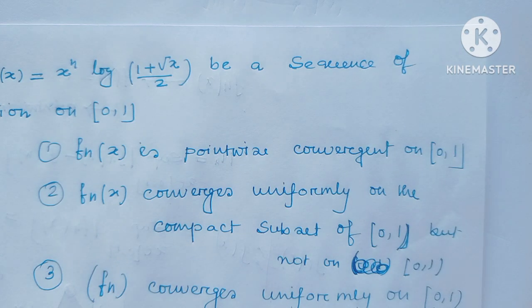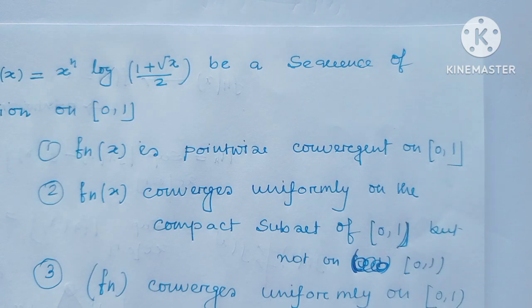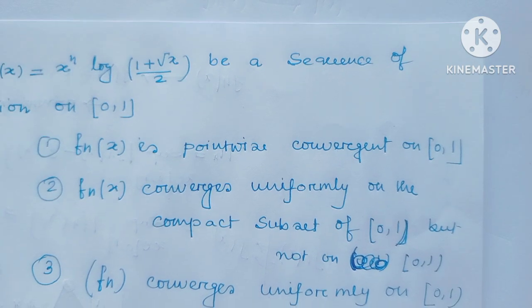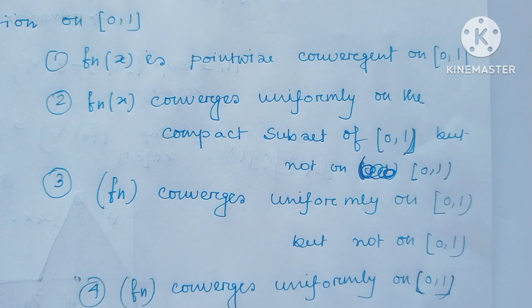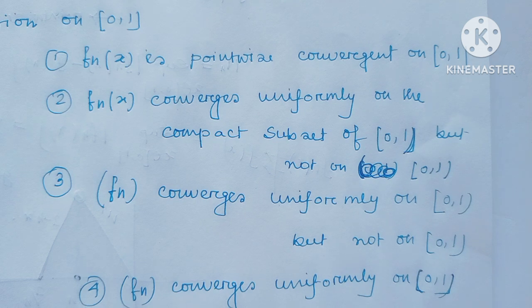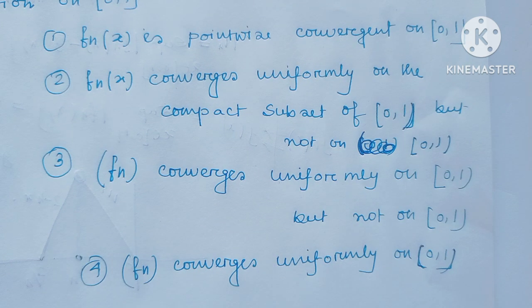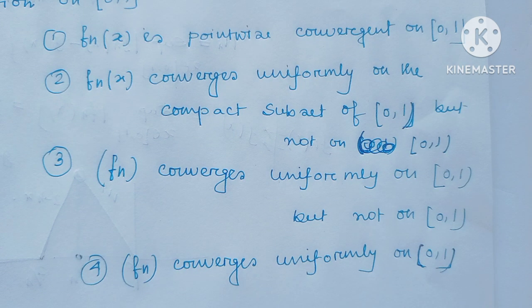Option 2, fn(x) converges uniformly on compact subsets of [0, 1) but not on [0, 1). Option 3, fn converges uniformly on [0, 1) but not on the closed interval [0, 1]. Option 4, fn(x) converges uniformly on the closed interval [0, 1].